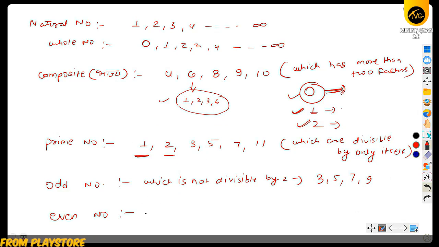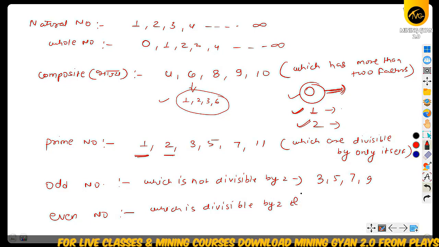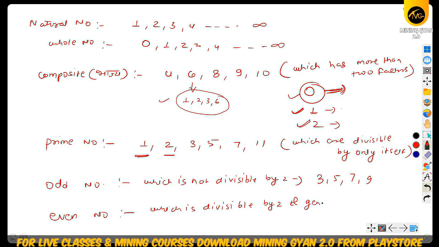Similarly, even numbers are those numbers which are divisible by 2 and generate a remainder of 0.